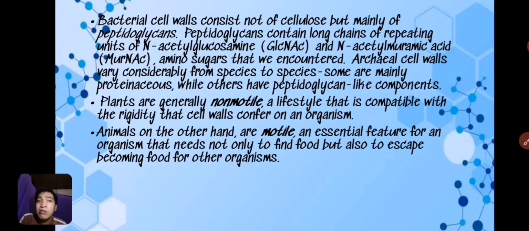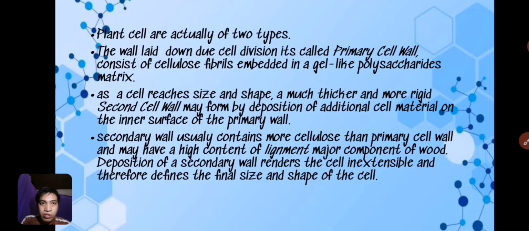So if we say non-motile, it is not easily moving or not easily changed, no? Unlike the animals, which are motile, so they are moving, having movement, an essential feature for an organism that needs not only to find food but also to avoid becoming food for other organisms.